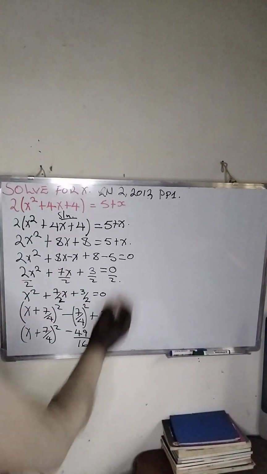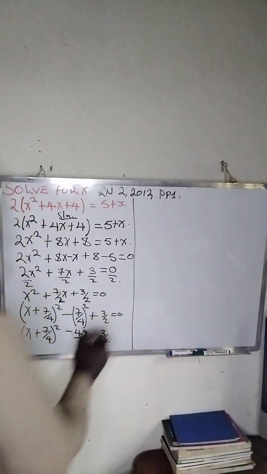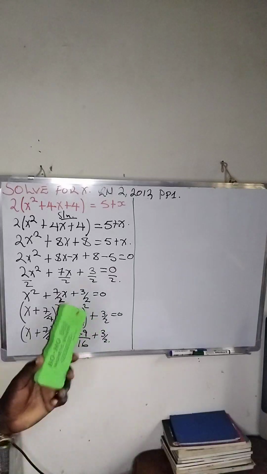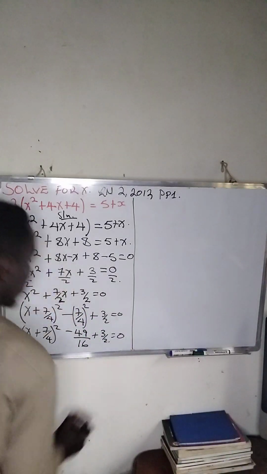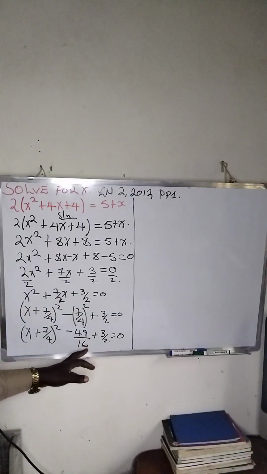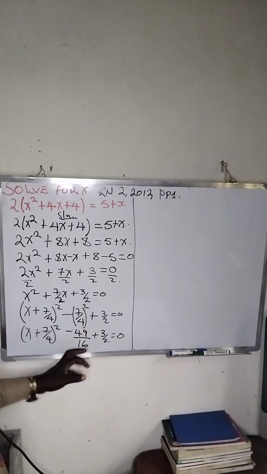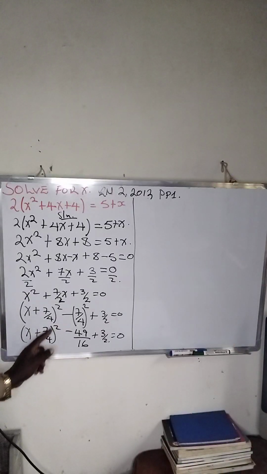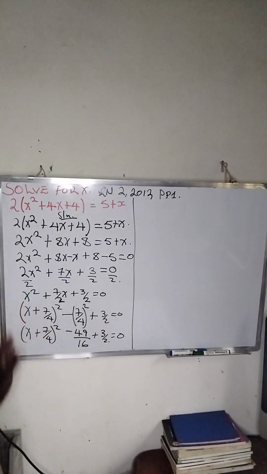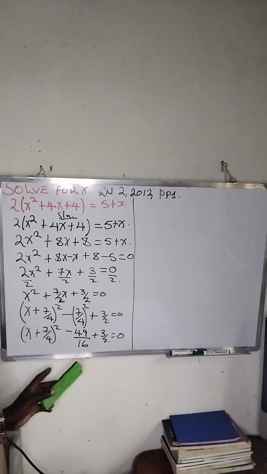All over 2. We proceed. Now our arrangement, this one is equal to 0. Now our next step is to bring this one the other side such that we leave x plus 7 all over 4 all of it squared on the left hand side. Now we continue like this.